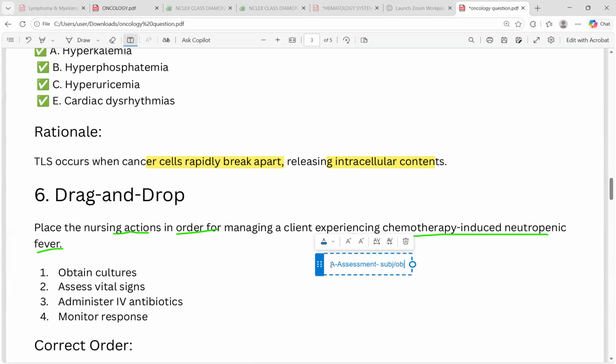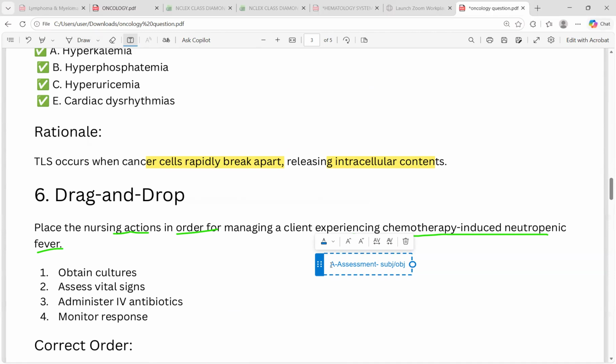For example, if a dyspnea patient on auscultation has diminished breath sounds, that is objective data. And the client saying that I have difficulty to breathe is subjective data. That means whatever complaints are said by the client is subjective data, and what is assessed in the client by the healthcare provider is objective data.